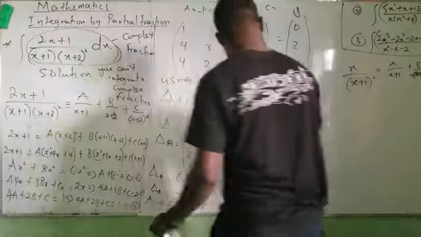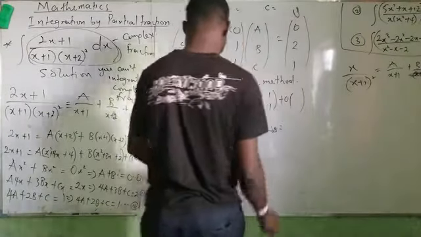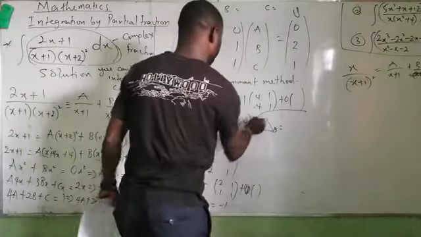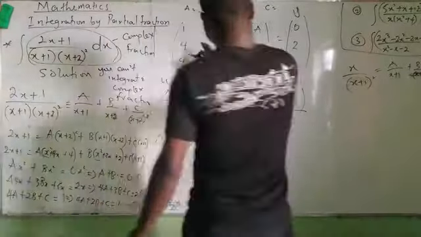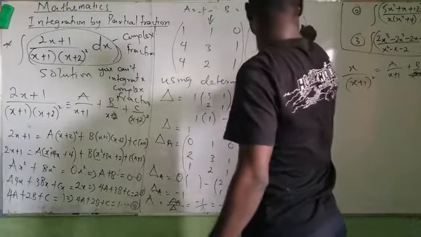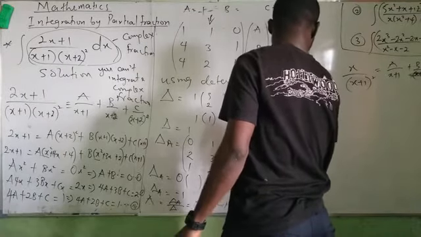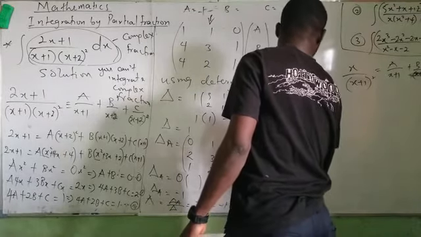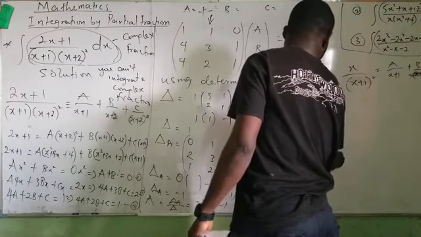Now, I can move on to my B. The determinant of B, please, I have to manage the board. I will replace the column of B with this column, so I'll be having 1, 4, 4, and 0, 2, 1, and 0, 1, 1.